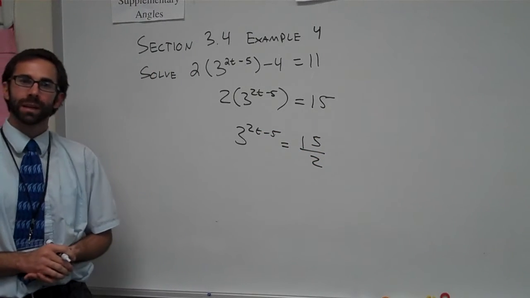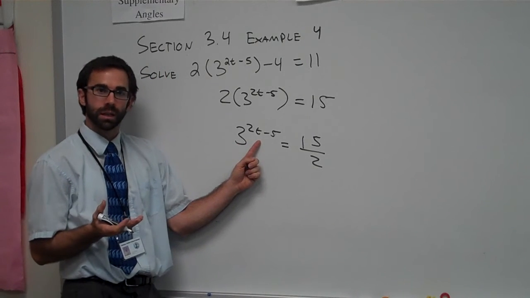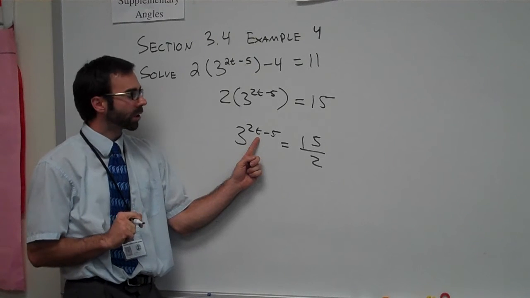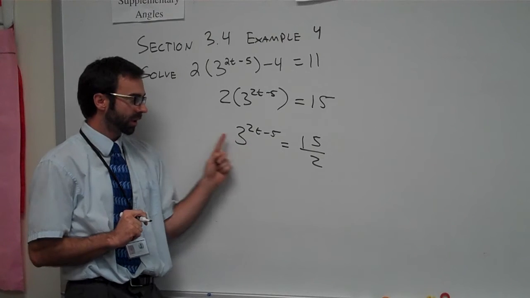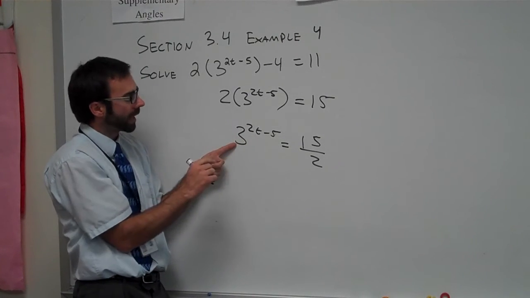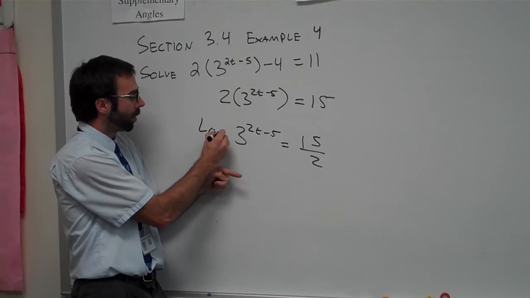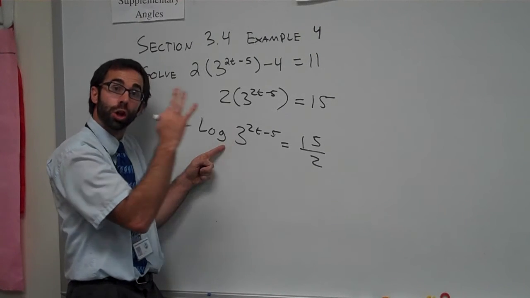Now this is where we get to the crunchy part. We want to solve for t, and we can do this different ways here. Let's get rid of our 3 by taking the log. Let's take the log of both sides, but very importantly, we're going to take the log base 3.